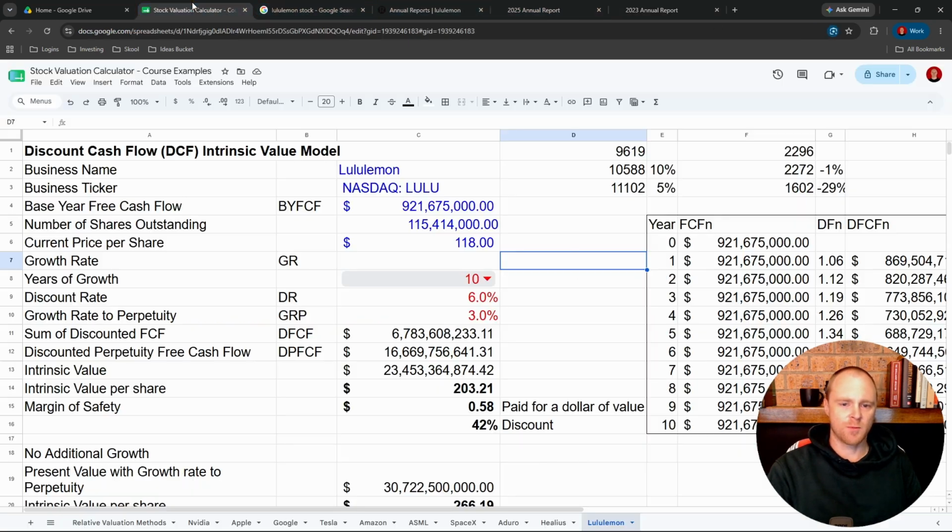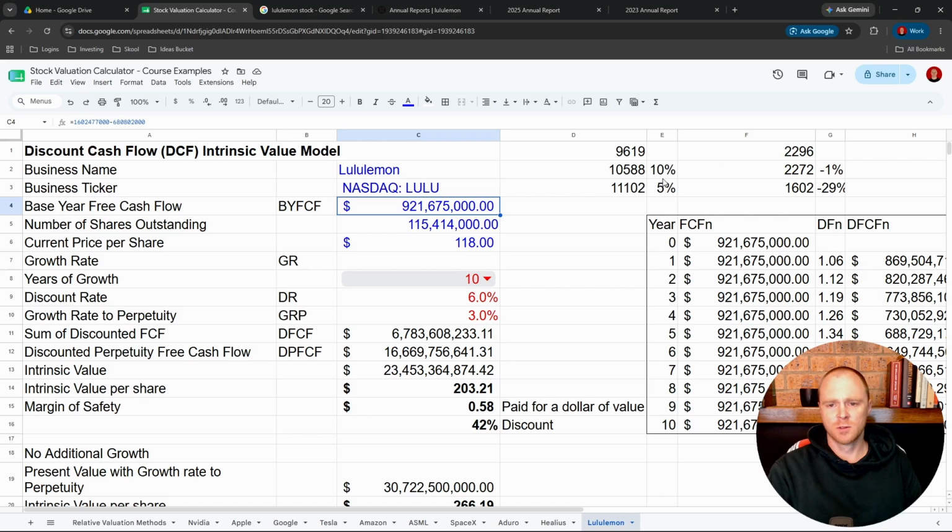Now, what am I going to come up with for that value? So just using the most recent year, 2025, and subtracting that 680 million for property, plant and equipment, we get this figure. What I've done here is plug in the revenues for the last 3 years.